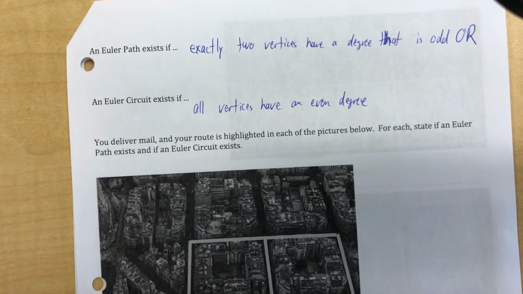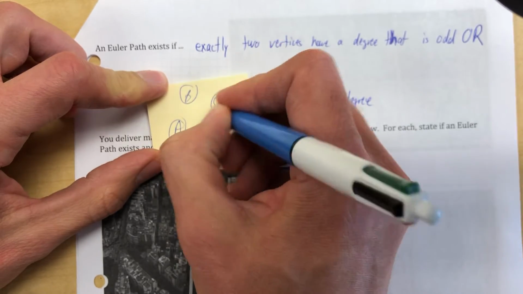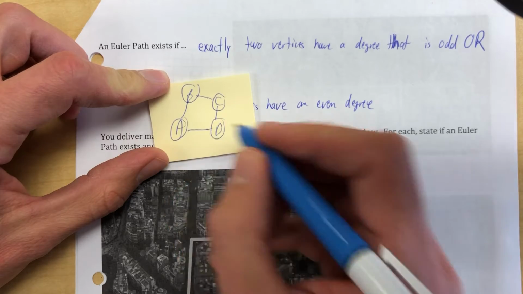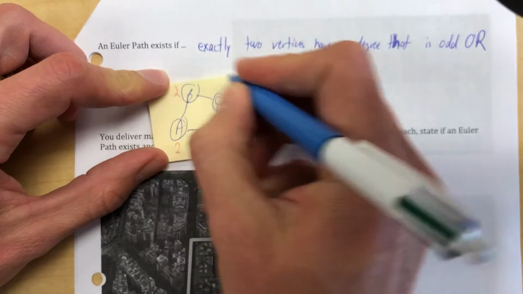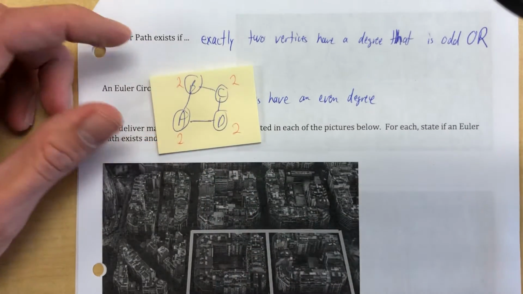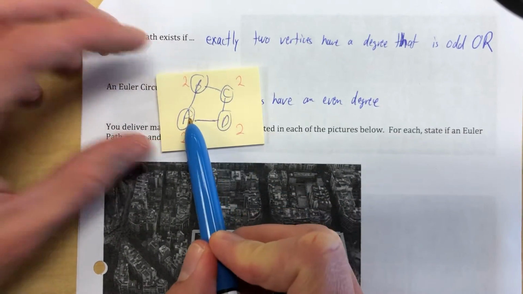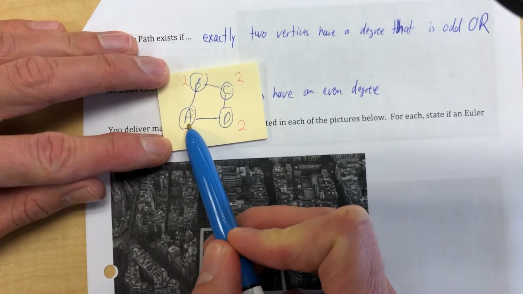So again, let's grab Post-it notes and let's talk about this really quickly. If I was to just throw down an A and a B and a C and a D and connect them in sort of a square, the degree of this vertex is 2, and that one's 2, and that one's 2, and that one's 2. Then we have a path, and the path goes A to B to C to D back to A, but that's also the circuit, because we started here and ended here.